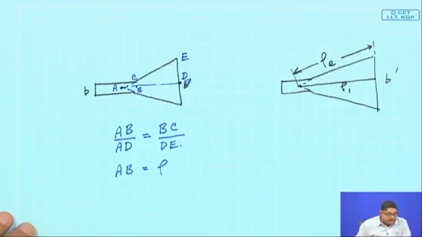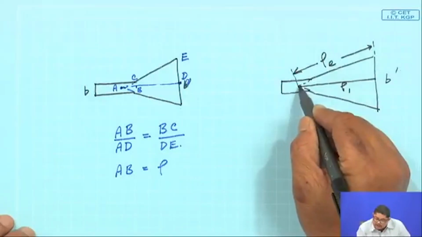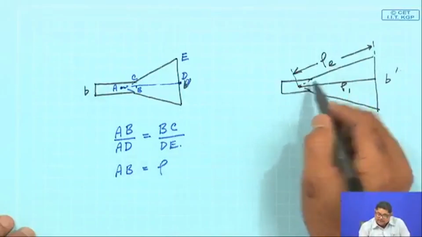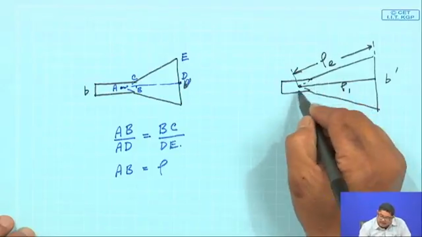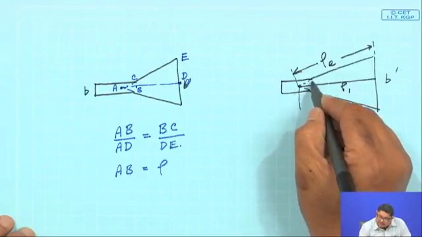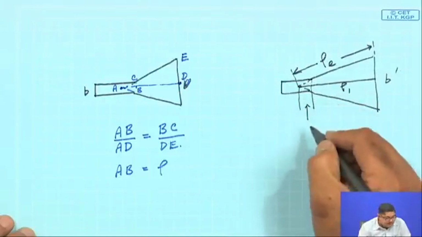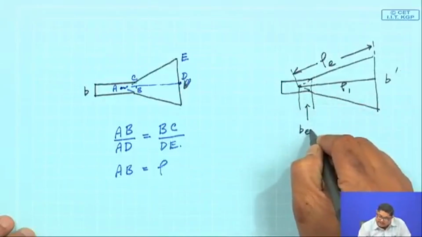Okay. Now, actually what I am trying to do is find the distance from the apex to the flaring point. This one I will call B extra.